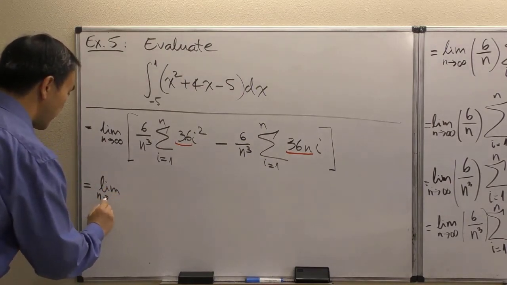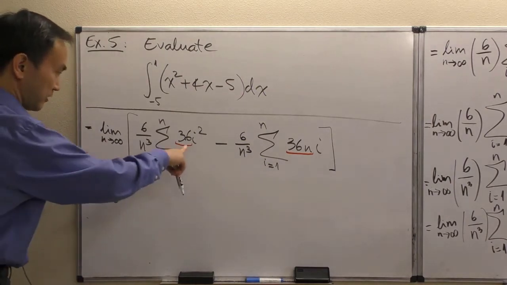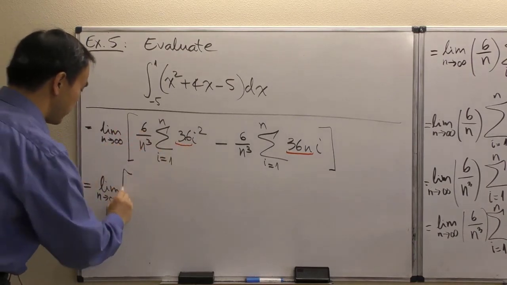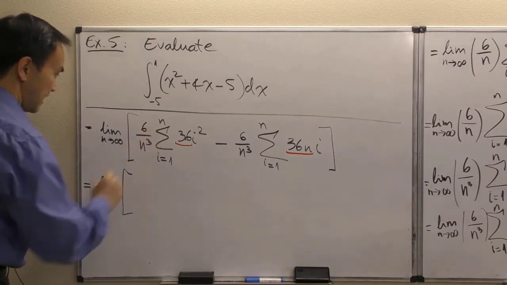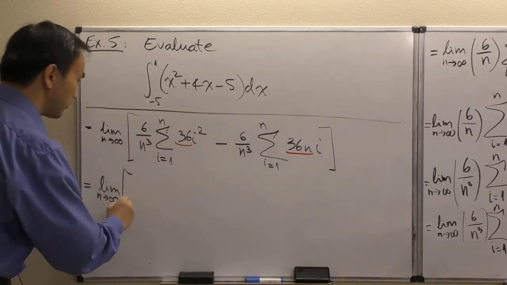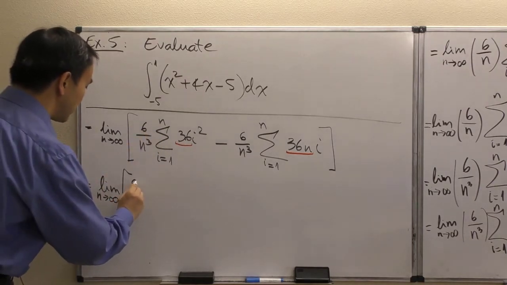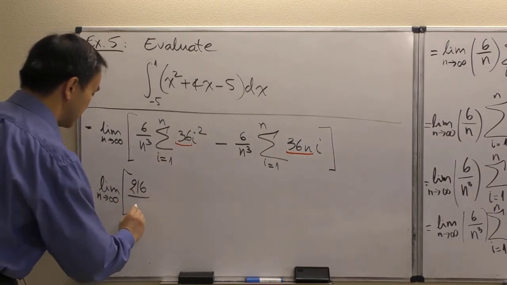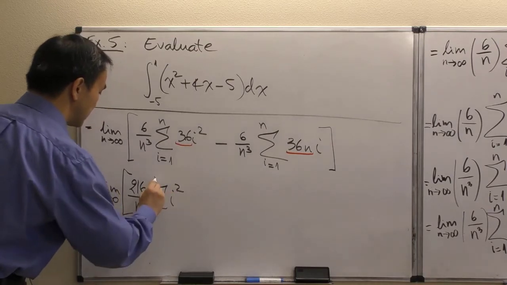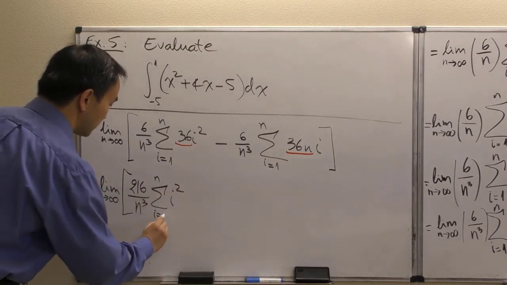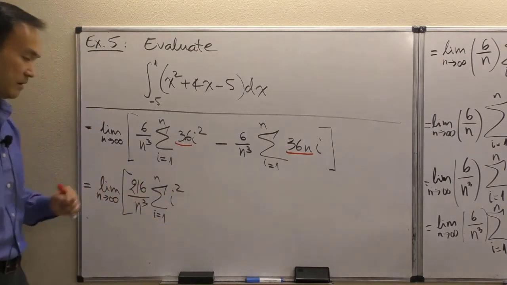I'm going to produce the following. For my first summation, I am going to factor out the 36 together with that common factor 6 over n cubed. That gives me 216 over n cubed times the summation of the i squared term, summing from 1 to n. So that's one term.